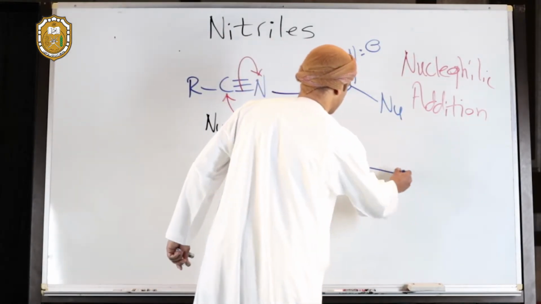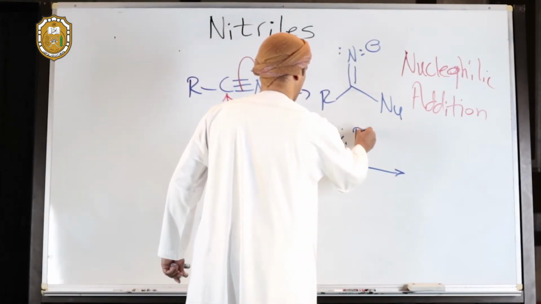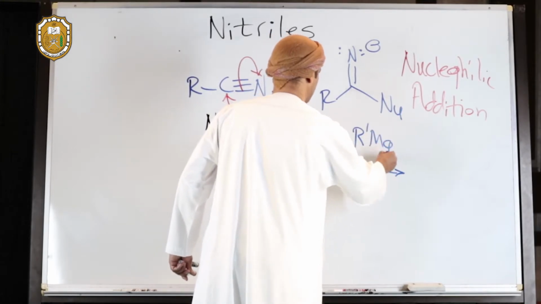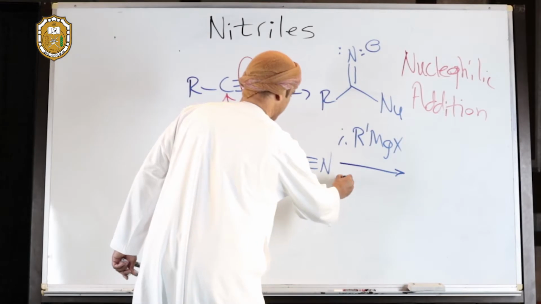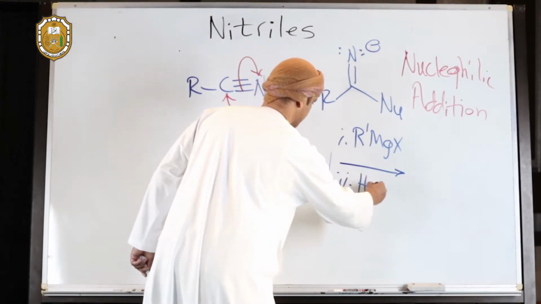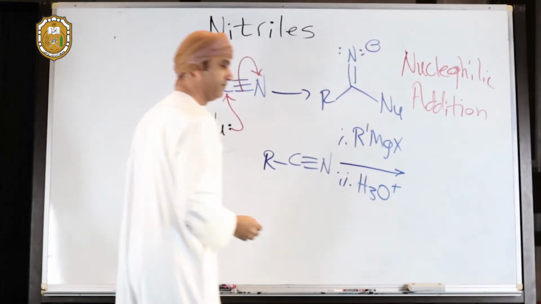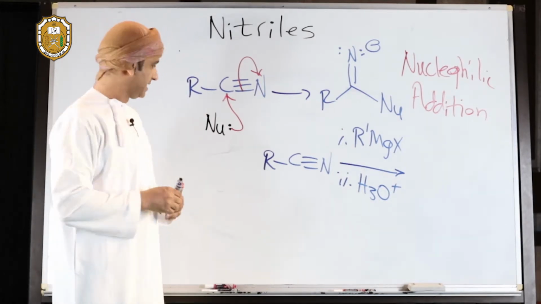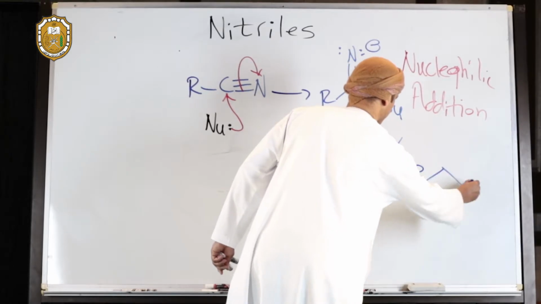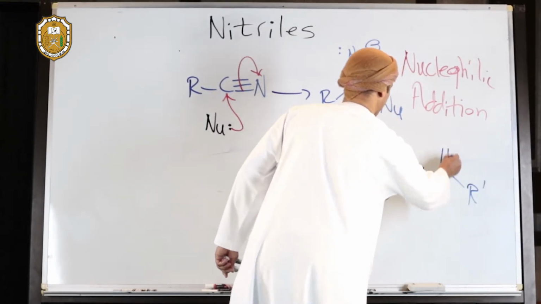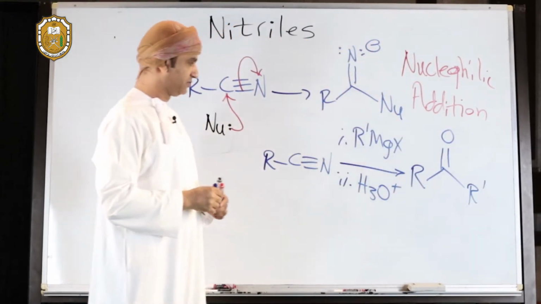So if you react a nitrile with a Grignard reagent of this general structure, in a first step, followed by protonation of the resultant intermediates, the product will be a ketone.